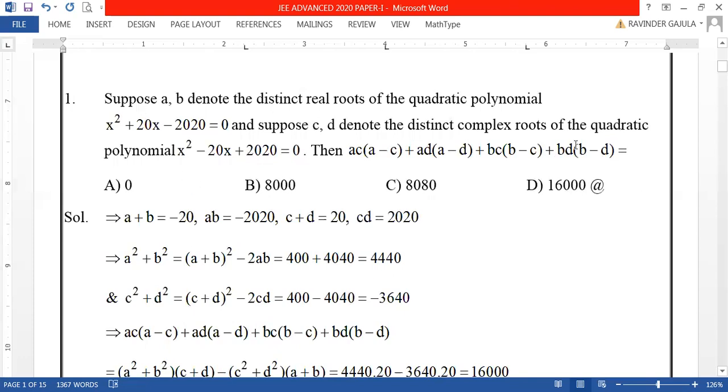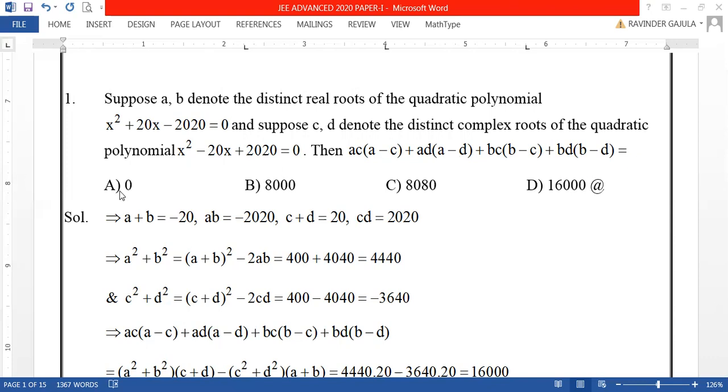So, this is the first question of this paper, which is given as: suppose A, B denote distinct real roots of the quadratic polynomial, this one, and suppose C, D denote distinct complex roots of the quadratic polynomial, this one, then AC(A minus C) plus AD(A minus D) plus BC(B minus C) plus BD(B minus D) equals dash.